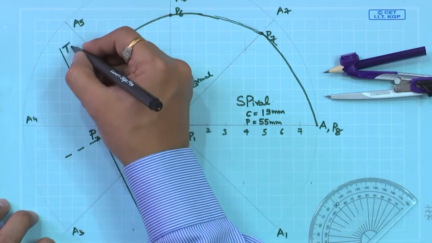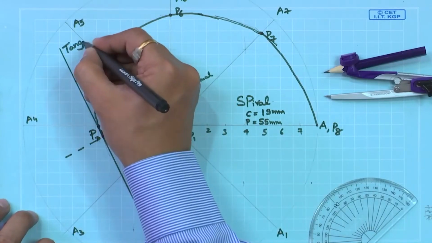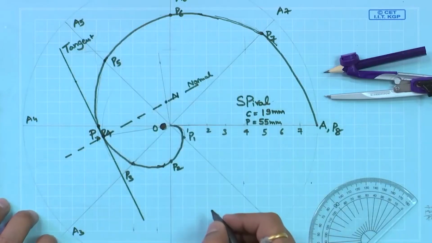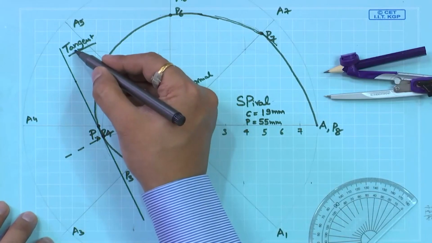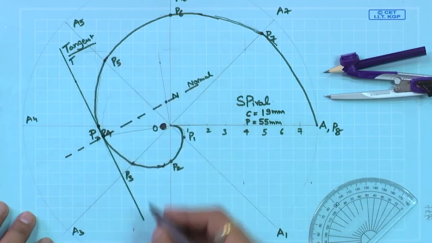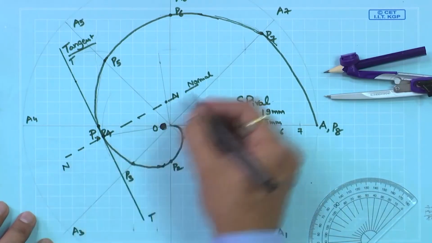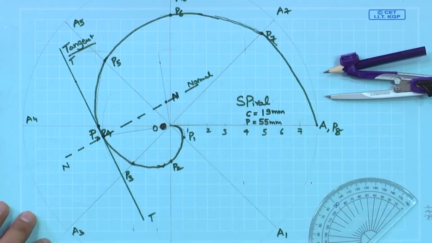T, tangent. Usually on drawing sheets we do not write the complete names tangent and normal, we show symbols T T, maybe N N, to just represent normals.